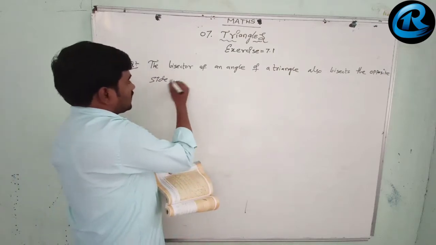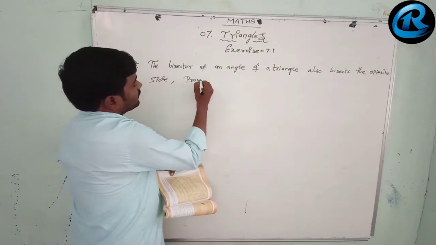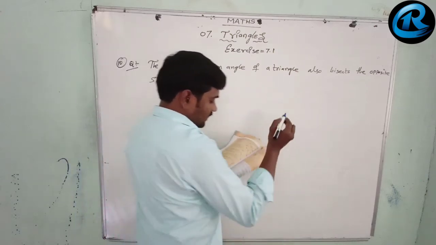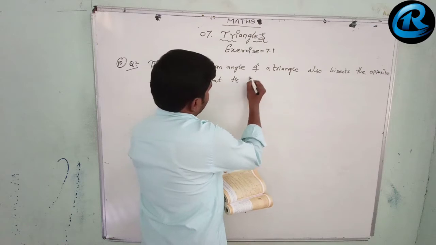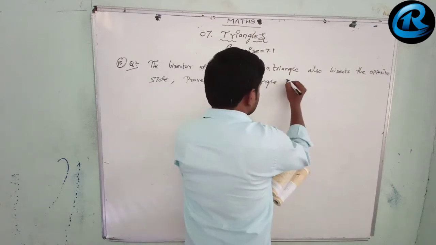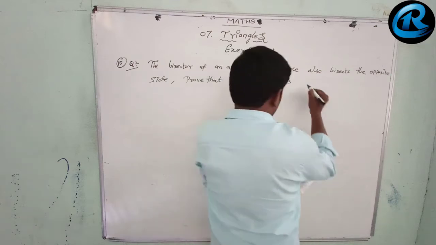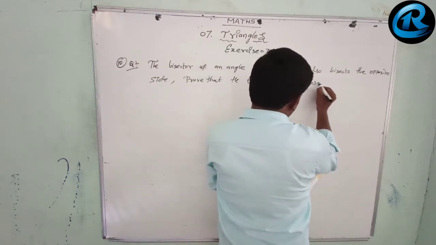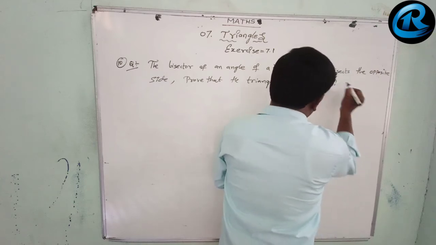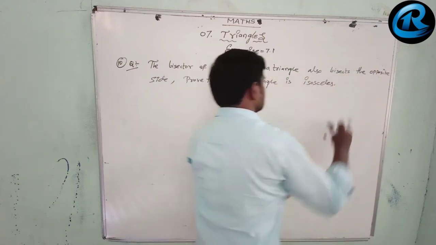Prove that the triangle is isosceles. Okay, prove that this triangle is isosceles.